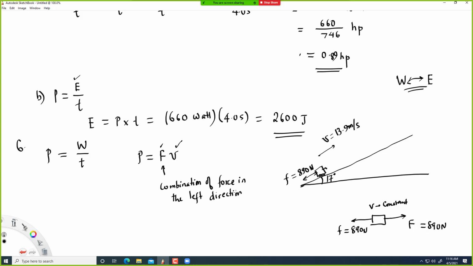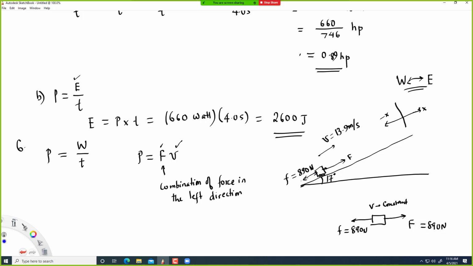Left direction means, let's consider this to be our axis. Okay, this is negative x, this is positive x. So this force needs to be equal to all the forces that are present on the left side. So we need to decide what are the forces present on the left side. So you guys tell me what forces you have here, so you know how to draw the free body diagram.